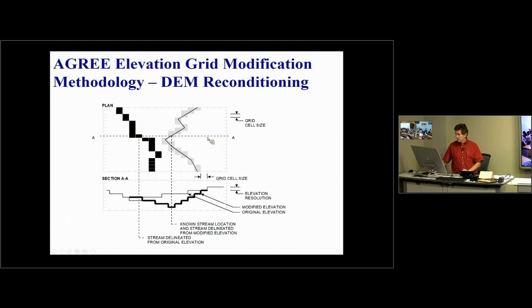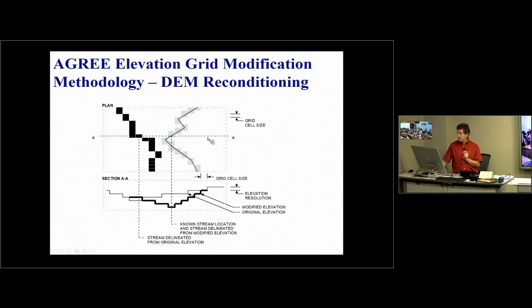And they don't line up, in particular where they cross this cross-section A. The stream is at an elevation there that's higher than the minimum that would match with the black grid cells. So the idea behind this AGREE method is to lower the elevation at the location of the stream along this cross-section, and then also to lower it in the nearby grid cells to sort of taper the terrain off to align with the others.